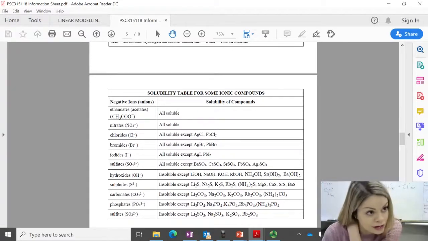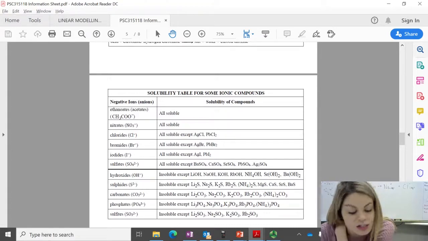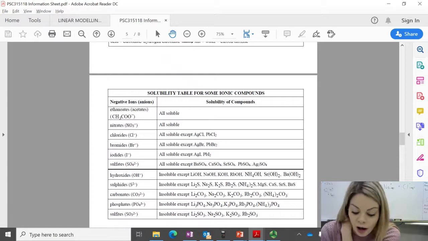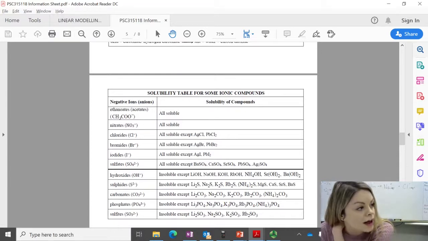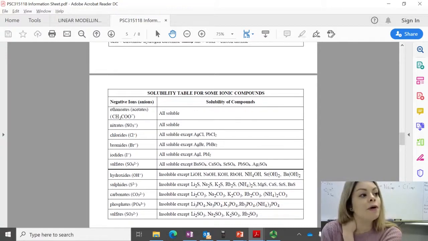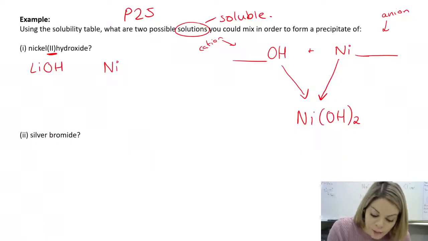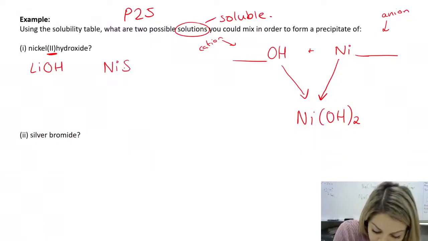So you said sulfate, Toby? Yeah. Which is safe because nickel sulfate is soluble. We could also have nickel iodide, nickel bromide, nickel chloride, nickel nitrate, and nickel acetate or ethanoate. If you can't be bothered checking the solubility table, just choose nitrate because it's always soluble. Okay? All right, but let's go sulfate.